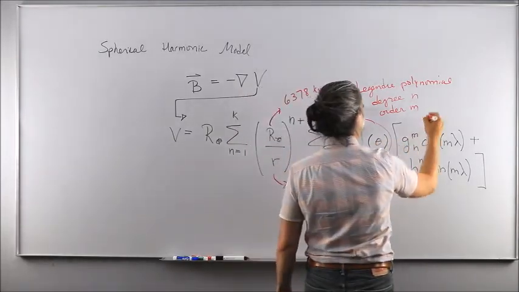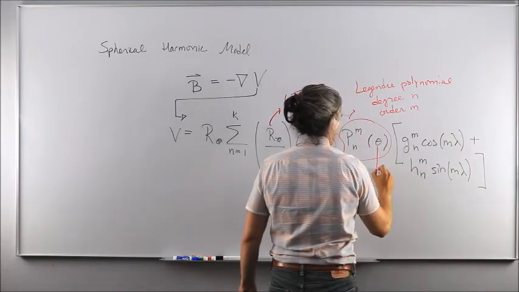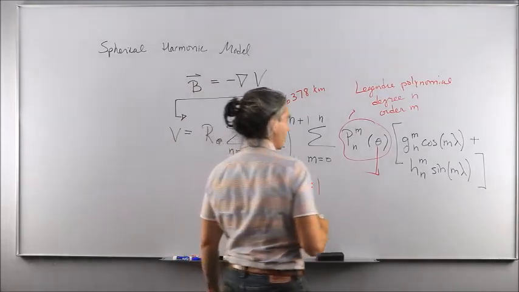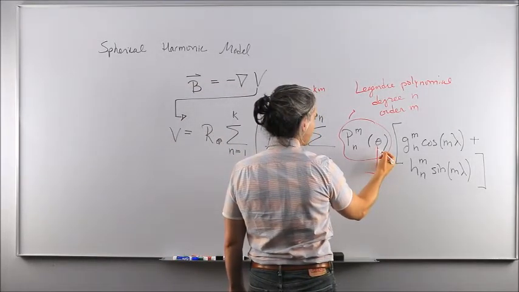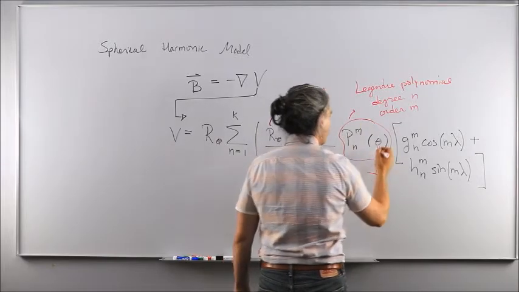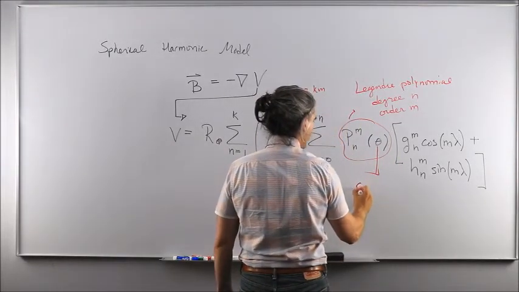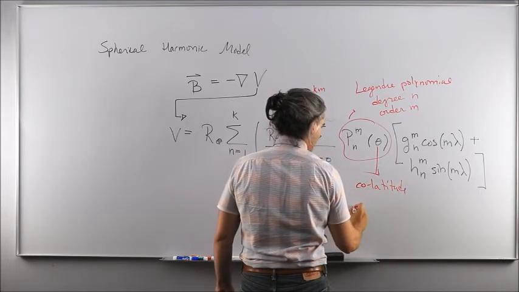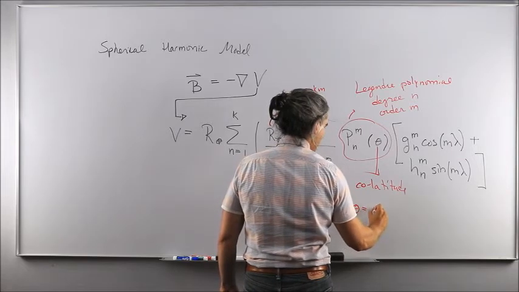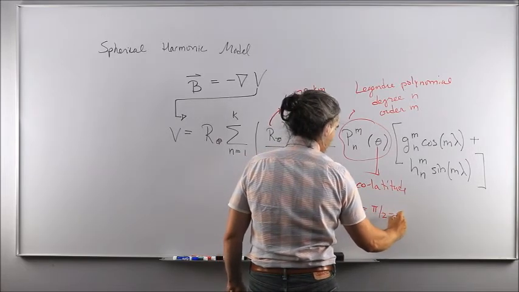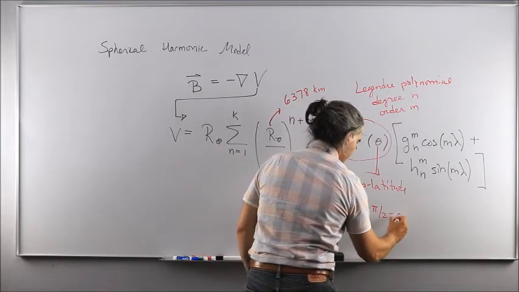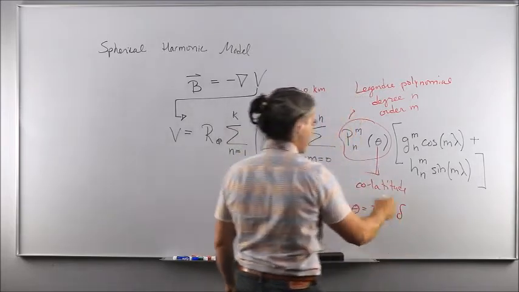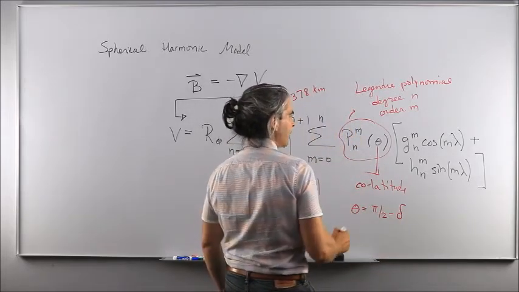Here the variable of interest is theta, and theta here is not related to the earlier angles, or not related to what we saw in chapter 2, but this time it's going to be related to the co-latitude, which is mathematically obtained as being pi over 2 minus the actual latitude, denoted by delta, okay? And I'll draw that on the board at one point to better illustrate this.